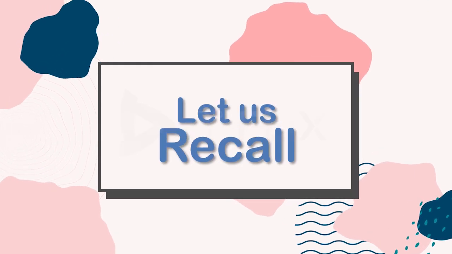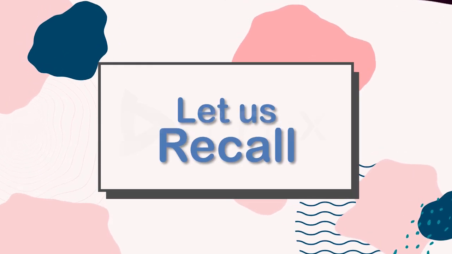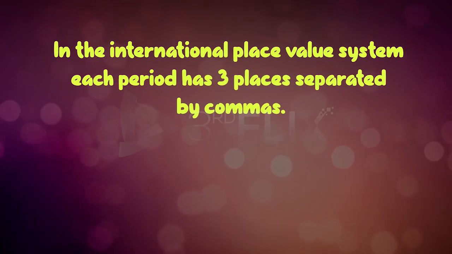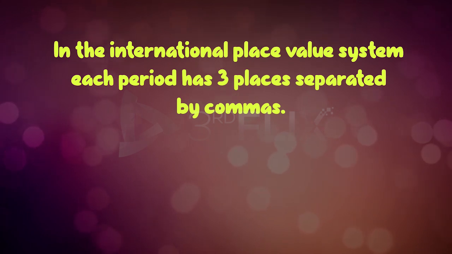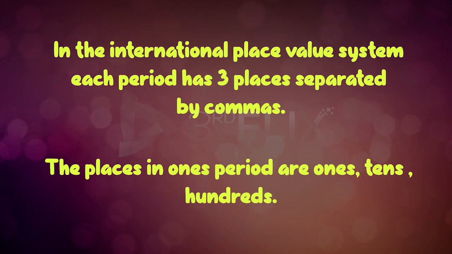Let us recall. In the international place value system, each period has 3 places separated by commas. The places in ones period are ones, tens, hundreds.